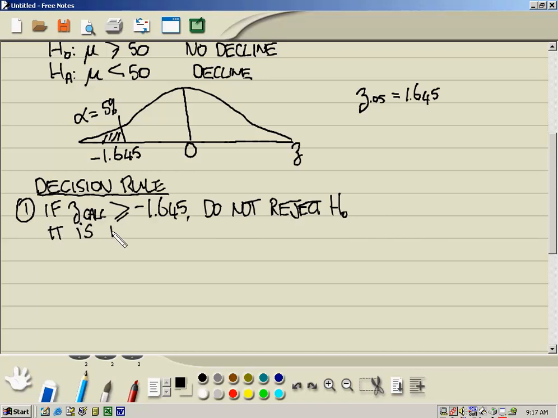Okay, it is possible. Null is true, it's possible. There is no decline.